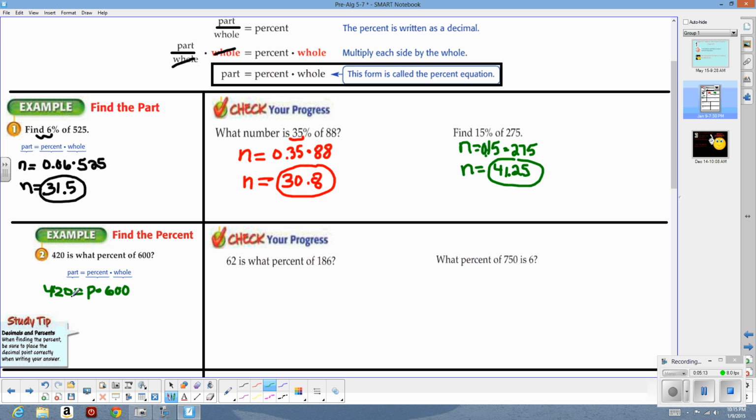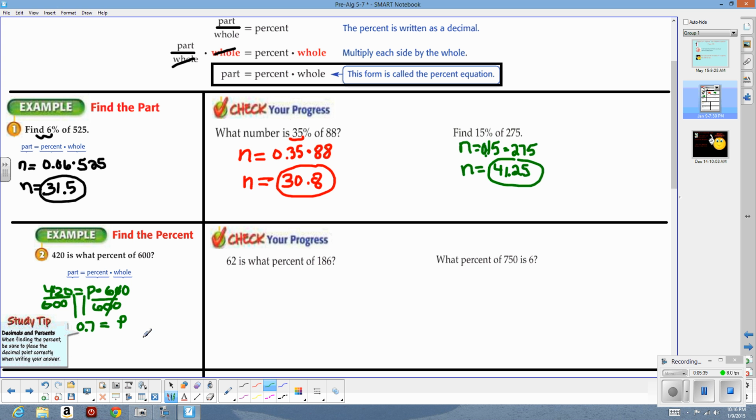Now to solve this for p, we're going to have to divide both sides by 600. And we're going to end up with p equaling 420 divided by 600, and that's going to equal 7/10.